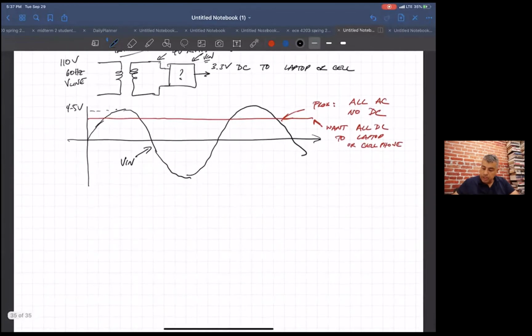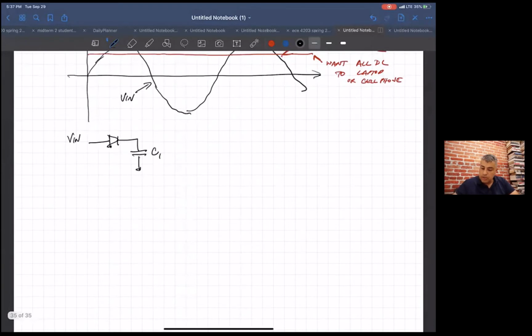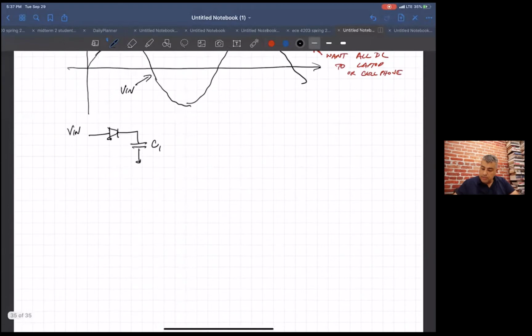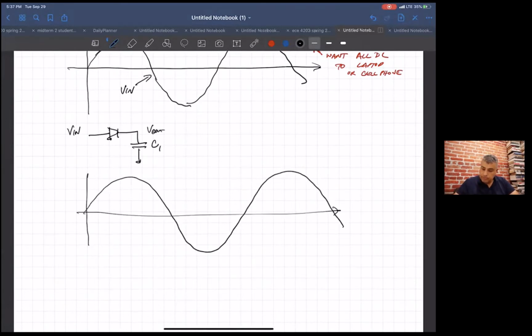If we take our V input, put it through a capacitor, call that C1, put it through a diode and a capacitor, we said, oh, that was pretty smart, because if I look at V out, let's say this diode has a voltage drop VD on.